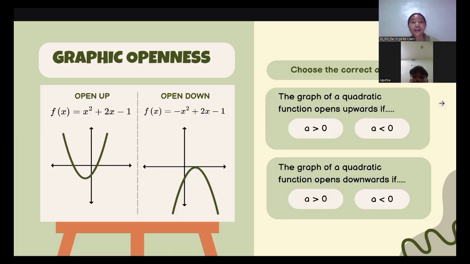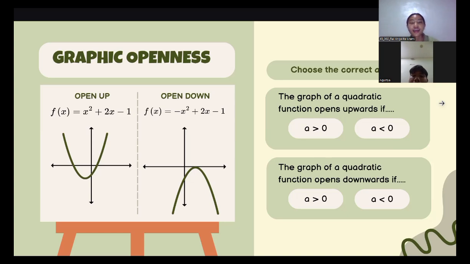Now, look at the second function. f(x) = −x² + 2x − 1. What is the value of a now? a equals minus 1, Miss. Good.